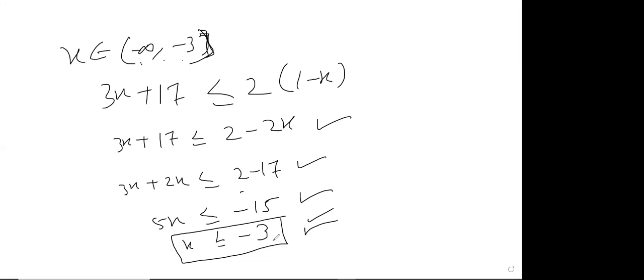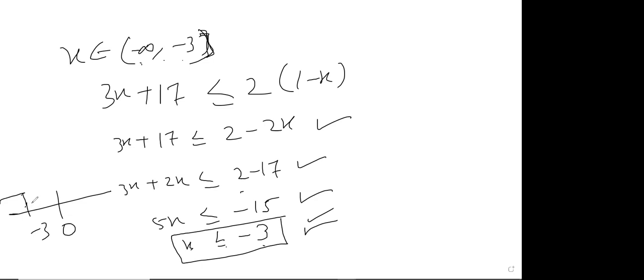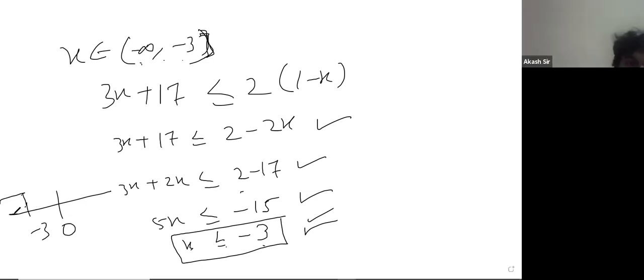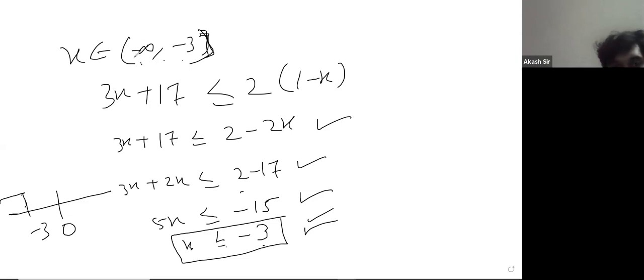So can you explain it on the number line? See, this is 0. Suppose this is minus 3. x is less than or equal to minus 3. That means x will be lesser than minus 3, including minus 3. And how much less? It can go to minus infinite. So the least value of x can be minus infinite.